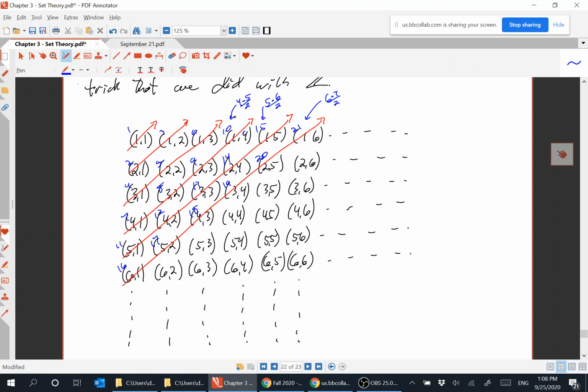And that gets all the pairs in Z plus cross Z plus. But then you think, well, with Q, you don't want all the pairs because you don't want to repeat yourself. Well, that's fine. Anytime you're about to repeat yourself, such as right here, these are all 1, you just skip it. If we already counted that one, you just skip it and you keep going.